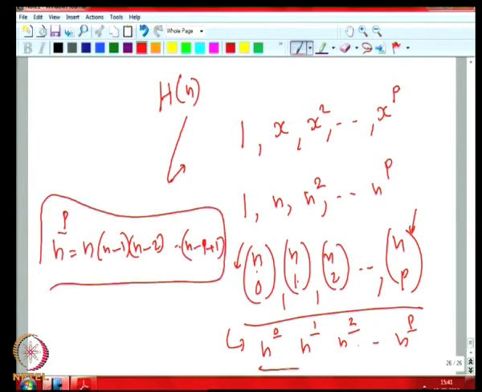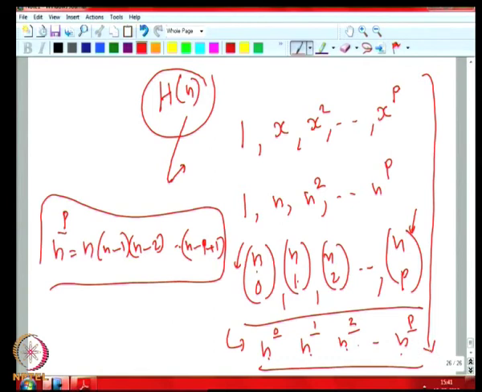This is also a basis for this vector space, and therefore it is not surprising that any polynomial of degree p can be represented as some constant into this plus some constant into this plus some constant into this, and so on. It's not at all surprising. But again we do not want to go into linear algebra much.